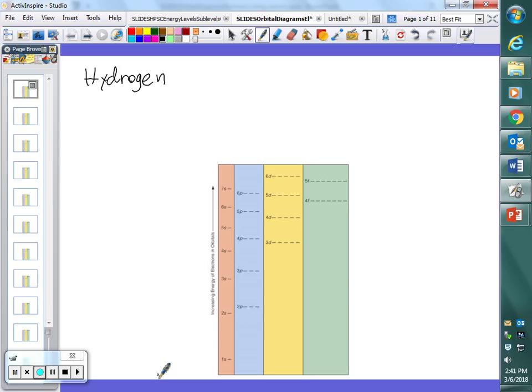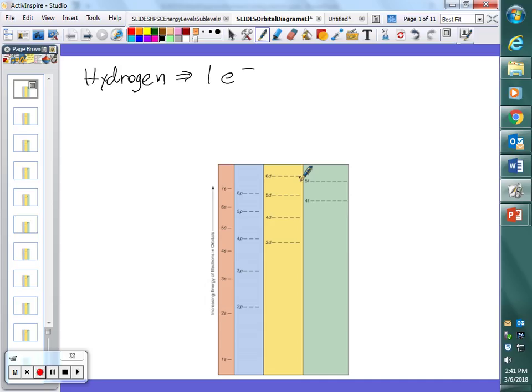Remember that the atomic number tells us the number of protons, but it also tells us the number of electrons. So we look on the periodic table, and you find the atomic number for hydrogen is what? 1. So that means that for hydrogen, we have to place 1 electron. Yep, down there at the bottom. So the first thing we need to do is figure out how many electrons we actually have to place. Then we'll go from there.